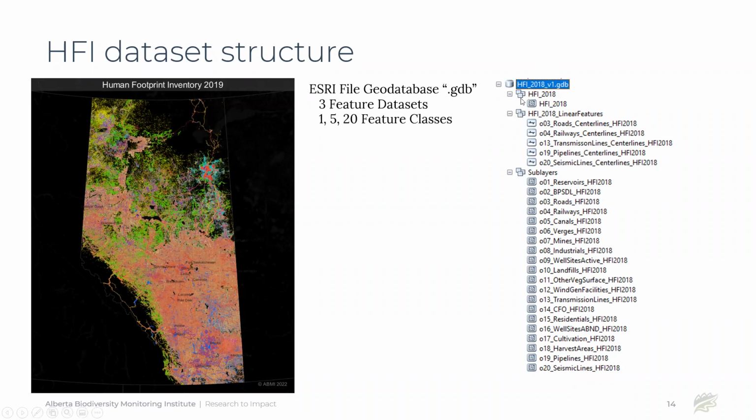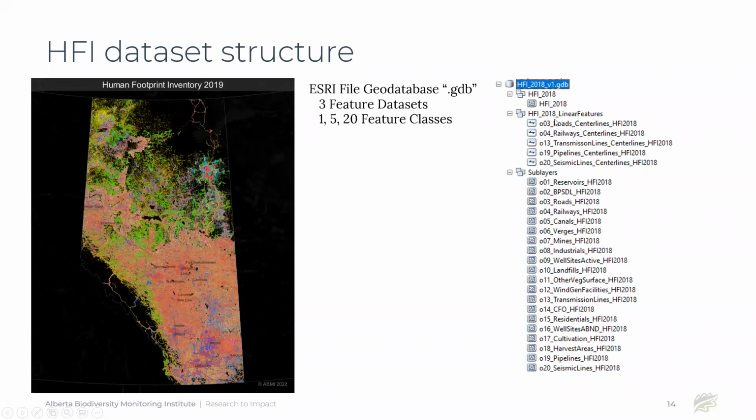So within this layout, we have HFI 2018, but for each year of HFI from 2014 to 2019, the structure is the same. So we have integrated data set, we have linear features, and we have sublayers. Those linear features and sublayers are similar, but difference is that feature classes within the data sets we have in form of lines for linear features and in form of polygons for sublayers.